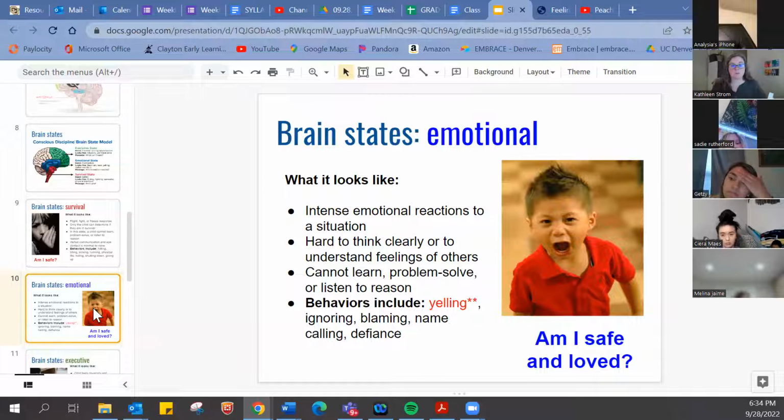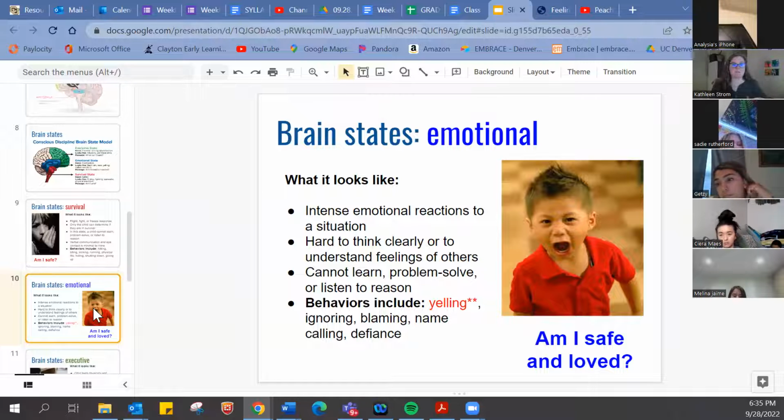So when they're in an emotional state, for example, we've probably all seen a child have maybe what some of us call a meltdown or a tantrum. I don't like those words because emotions are normal and how children exhibit them are normal, but those are the ways that we think of them, right?